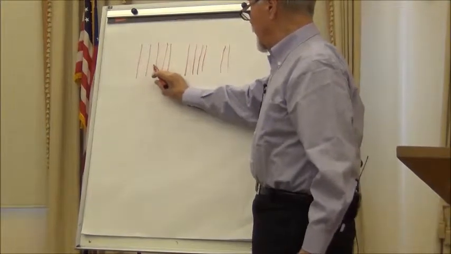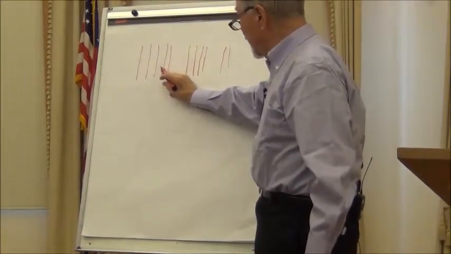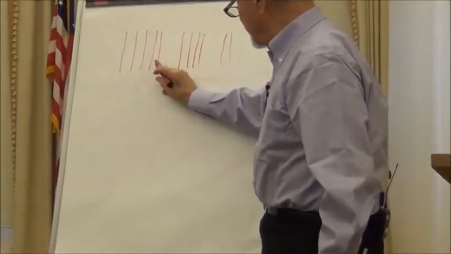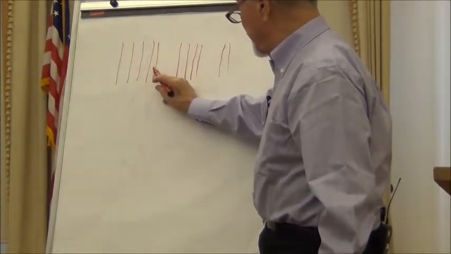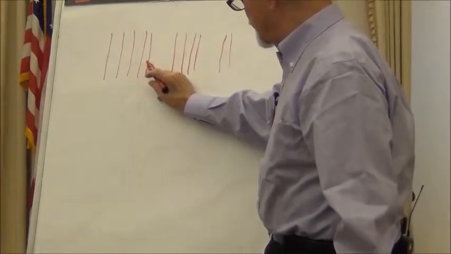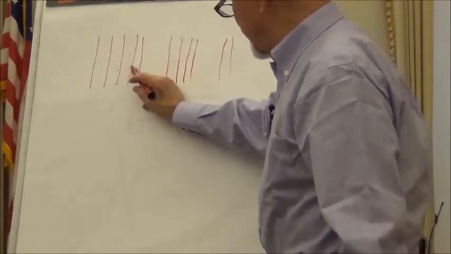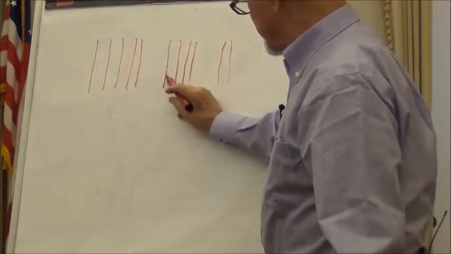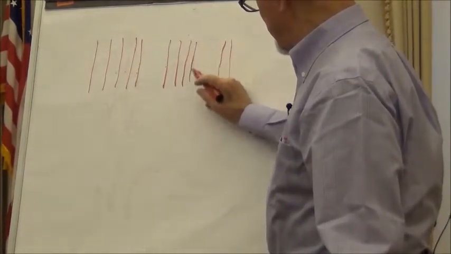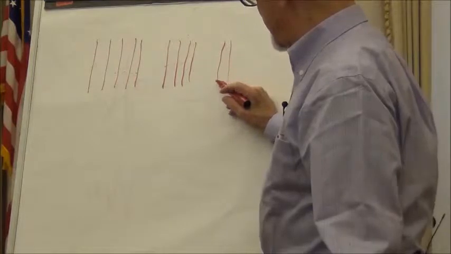Normal beat, normal beat, normal beat, normal beat, early beat. This distance is much shorter than this. This beat is a premature ventricular contraction. This early beat is followed by a pause. This is the next normal beat, normal beat, normal beat, early beat, next normal beat.